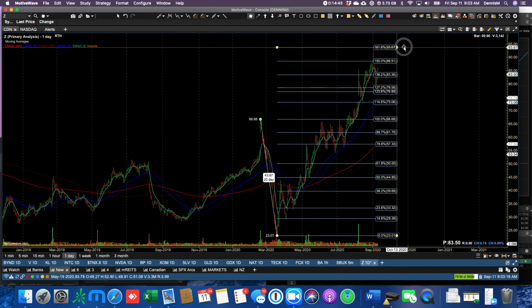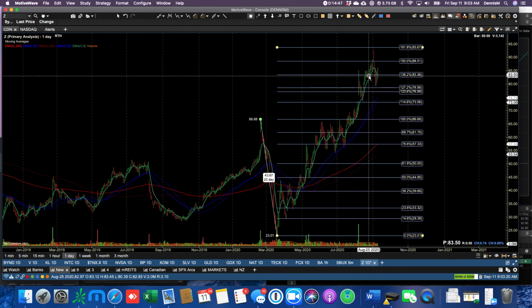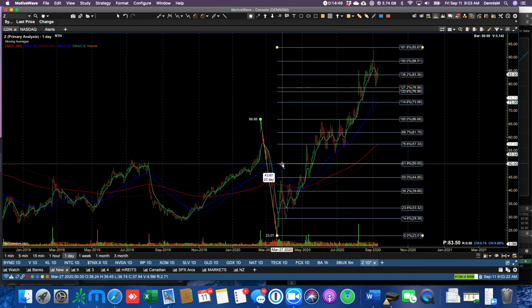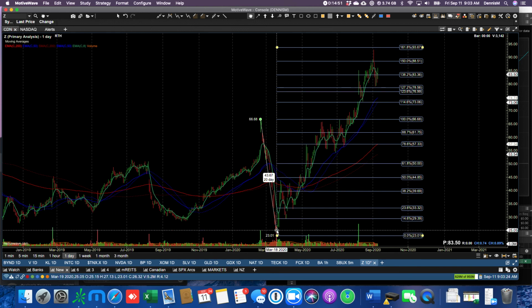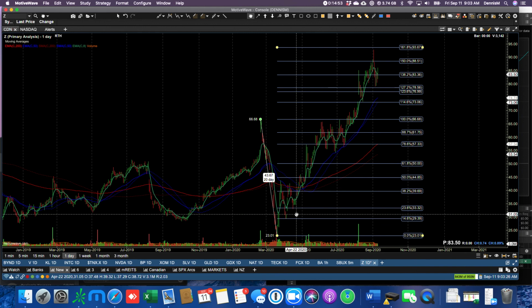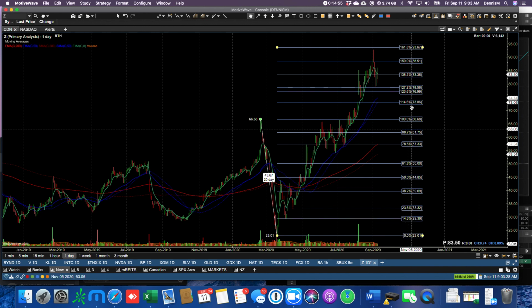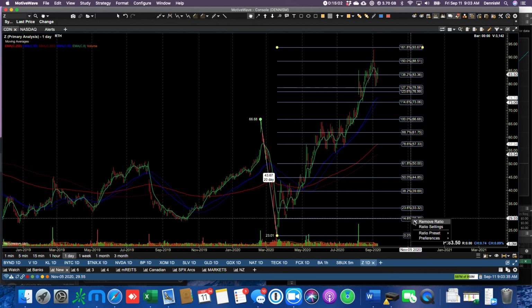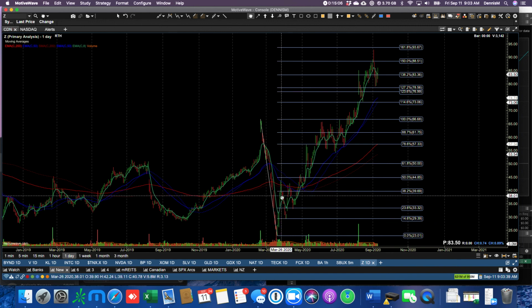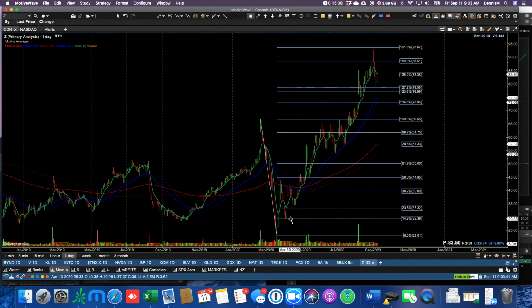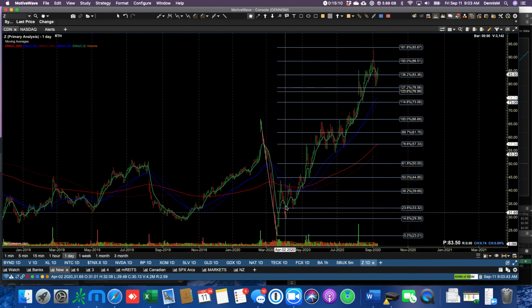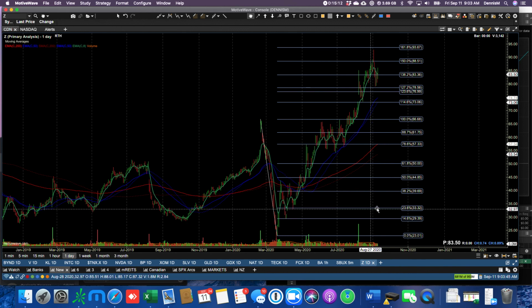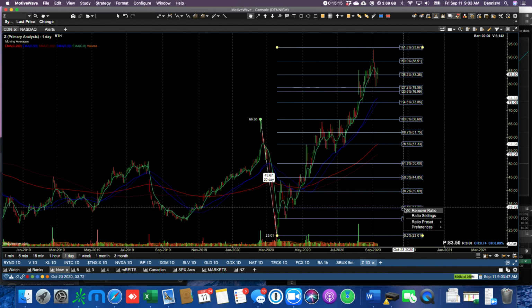If this is going to move in a harmonic manner, like ripples in a pond, then as it moves up, it's going to meet resistance at these Fibonacci numbers. I don't like 14.6, although you can see that it's important because it moved past there and came back and found support at 14.6.